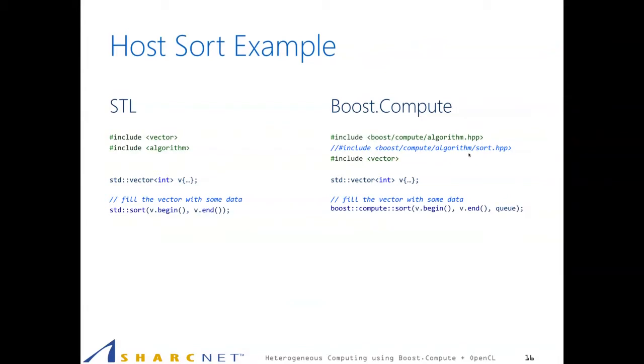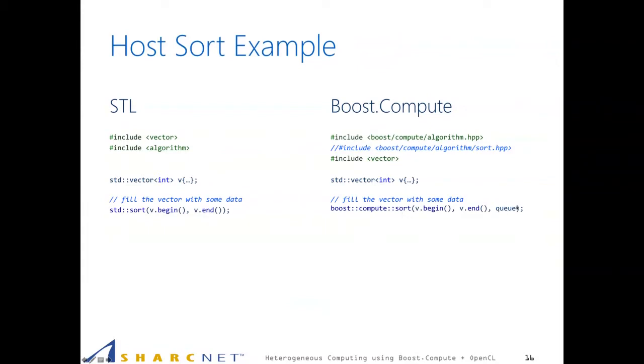If you only need the sort algorithm, you can selectively comment out the first line and use this line in blue instead, so it compiles faster. But you can use the same std::vector, and rather than using std::sort, you use Boost.Compute's sort.